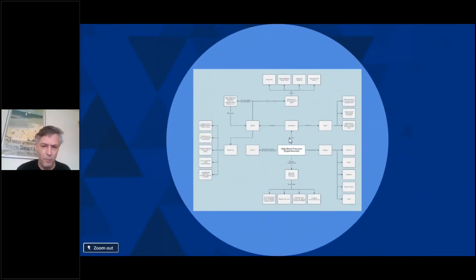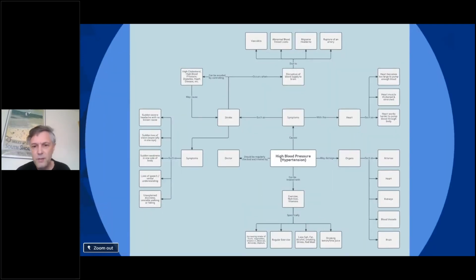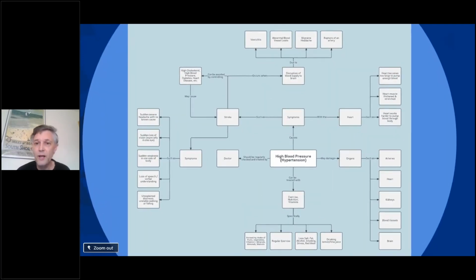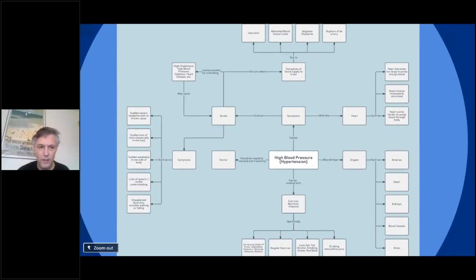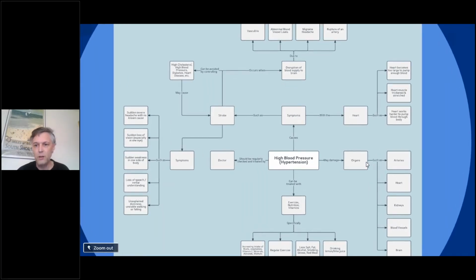So in this example right here, this is a more pure concept map on the idea of high blood pressure. And you can see there specific elements of organs and symptoms, and then symptoms based off of specific types of stresses that take place.